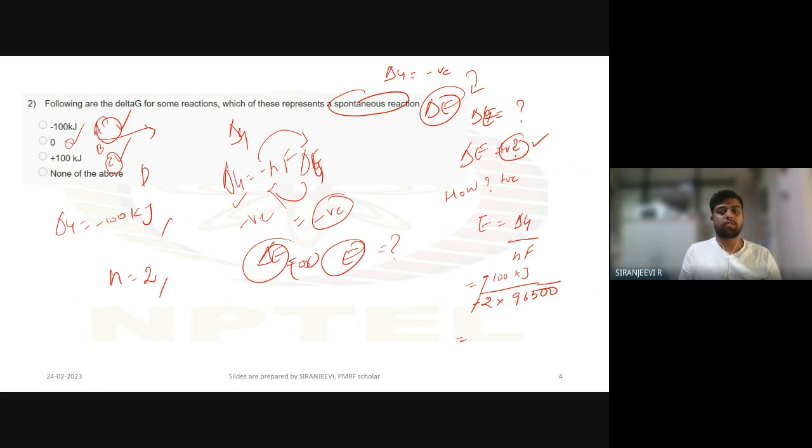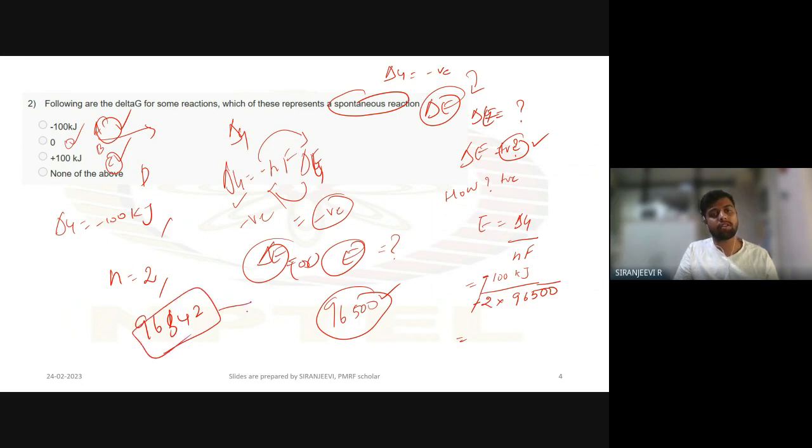Okay. So if you want to remember Faraday's constant, it's just a simplified number, 96,500. Even though the exact value is 96,342 or something, for simplification we always keep it as 96,500, because people give the answer that way in your exam also.